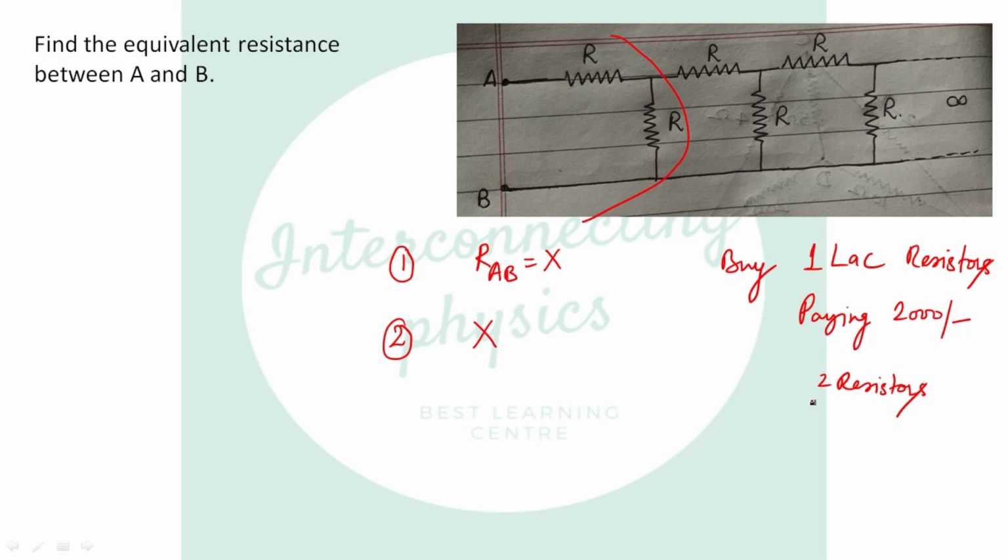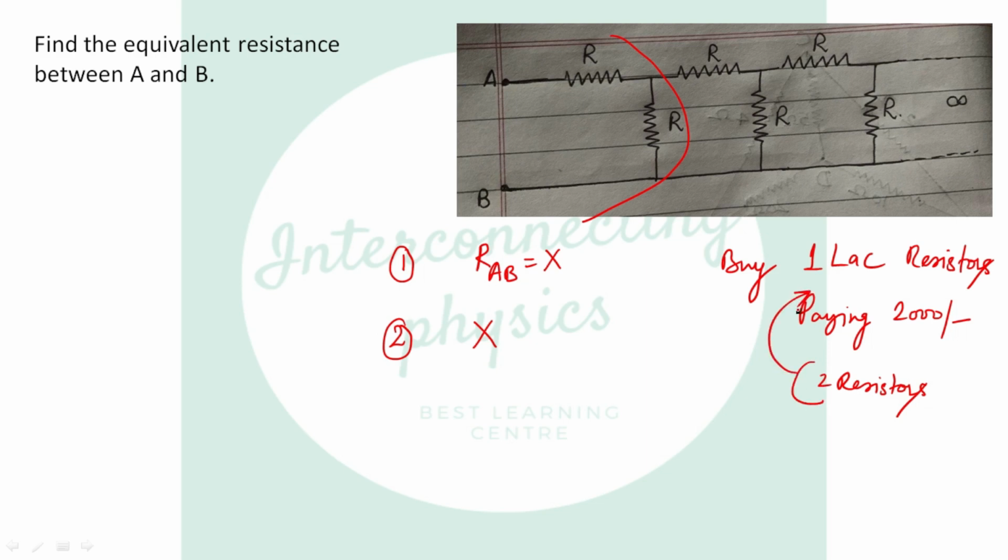No, because 2 resistors in 1 lakh resistors doesn't make any effect. And if you are giving 2 resistors back to the shopkeeper, then will he deduct some money? No, because it will make no sense, because 2 resistors in 1 lakh resistors don't make any effect.